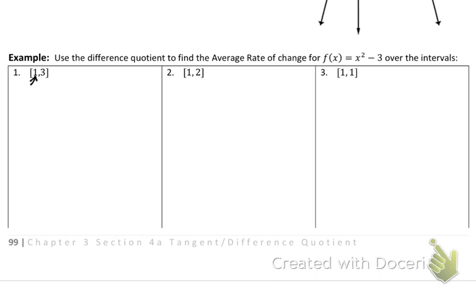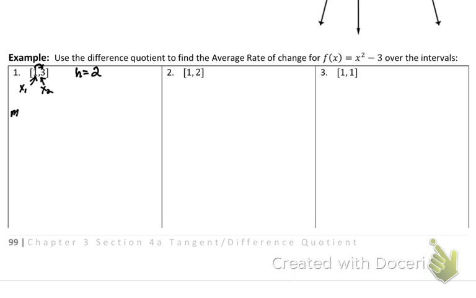So this is my x sub 1 and this is my x sub 2. But we can't use x sub 1 and x sub 2. Instead, we're supposed to just use x and h's. Our h is just going to be the distance between these two numbers, so this distance here. So to get from 1 to 3, I add 2, so my h value is 2.